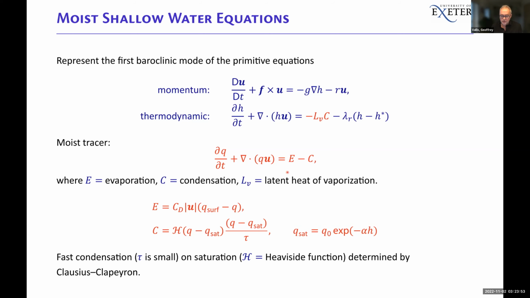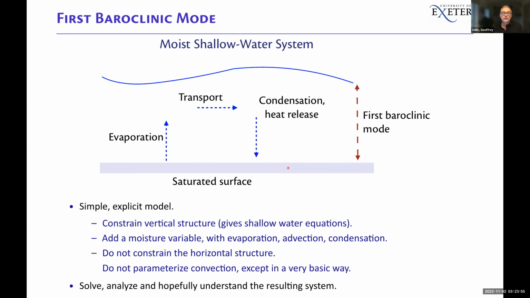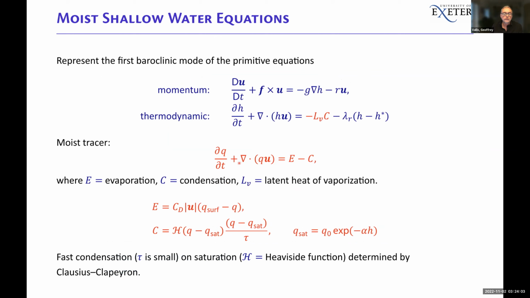Imagining, going back to this earlier picture, that this layer of shallow water lies over a saturated surface. So then there's evaporation from the surface. And also when the condensation exceeds a certain value, then it rains.